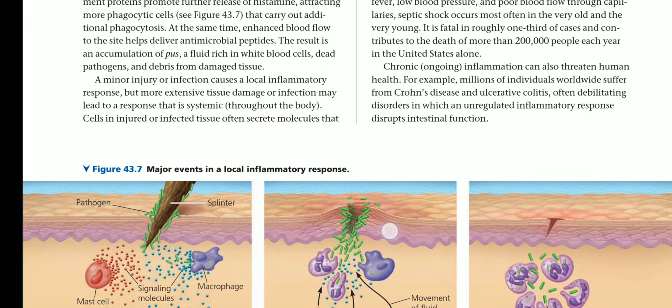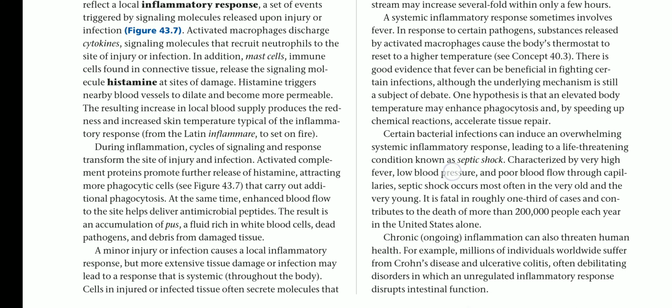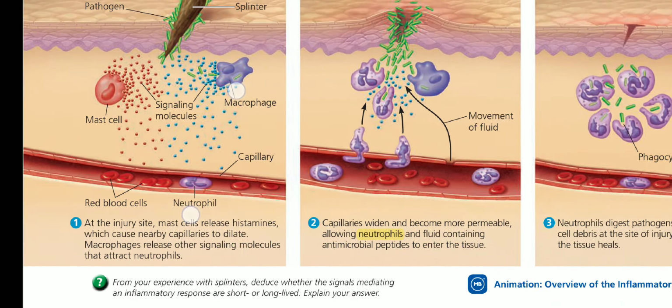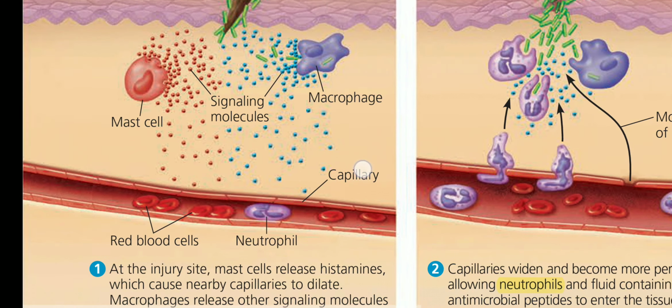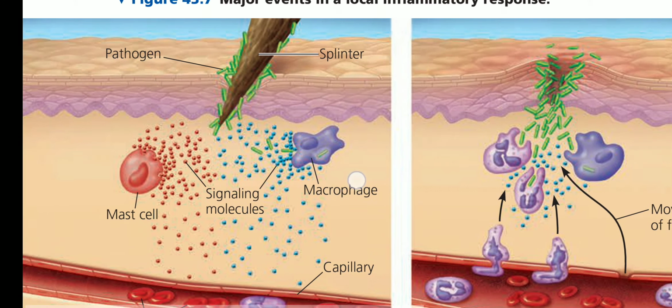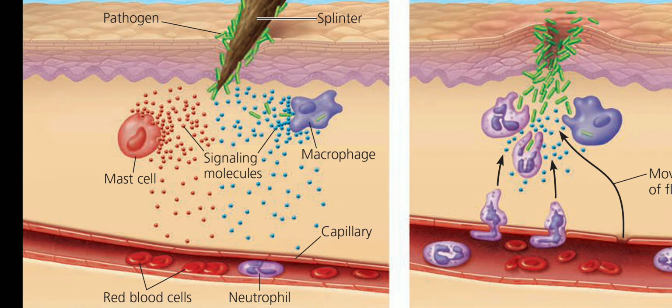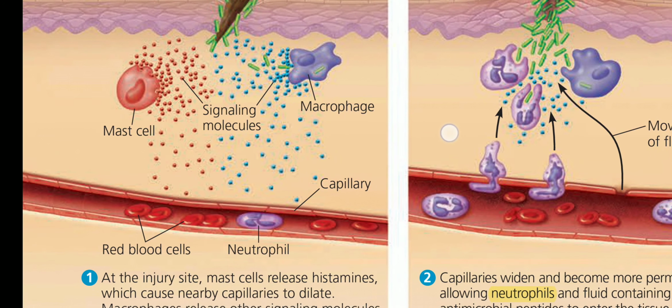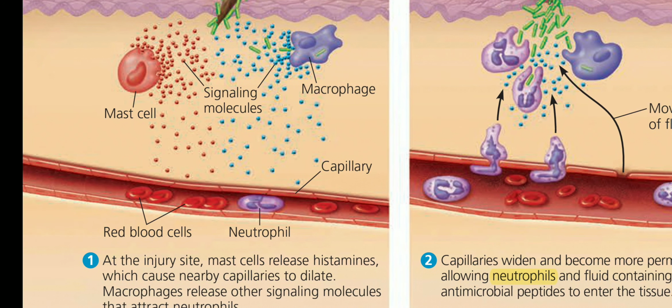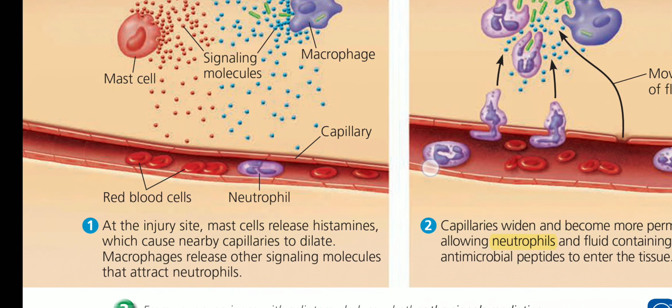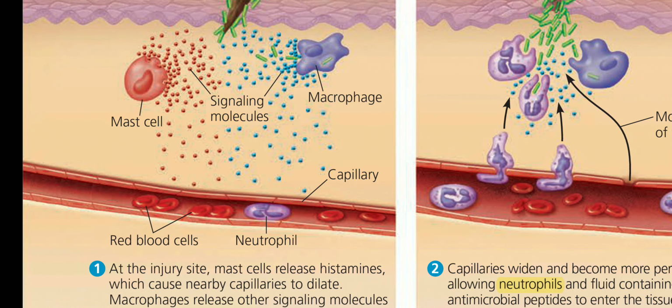Let's begin. Inflammatory response, histamine. This picture is very nicely drawn. There's an injury by this splinter, and pathogens, bacteria are also coming inside the tissue. What exactly happens? The macrophages present in the tissue, in contact with those pathogens, release some signaling molecules. The mast cell also produces some signaling molecules.